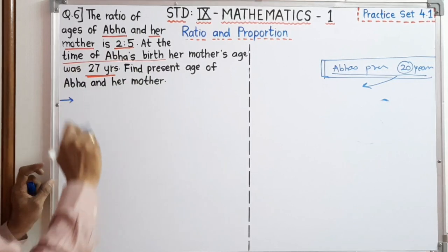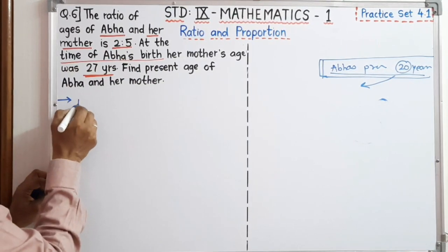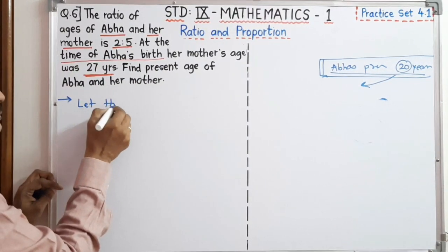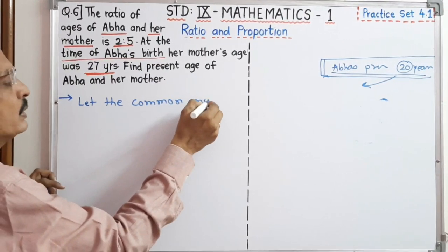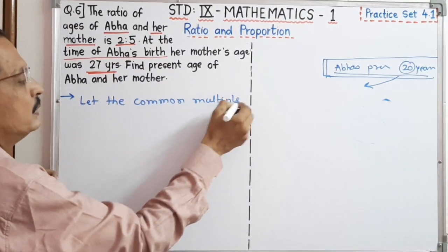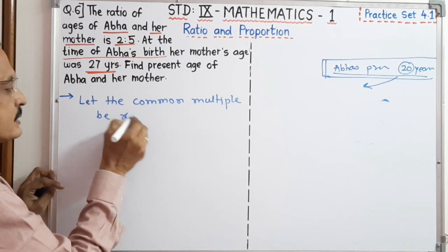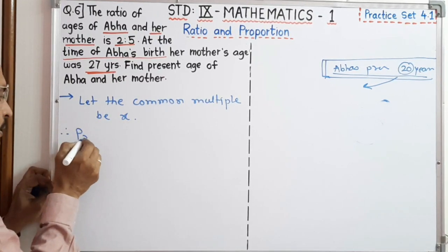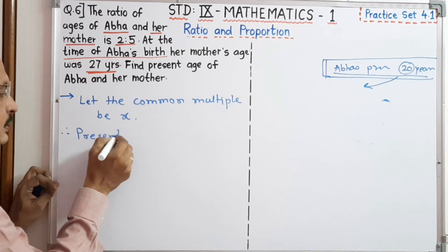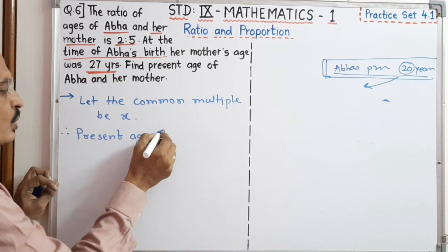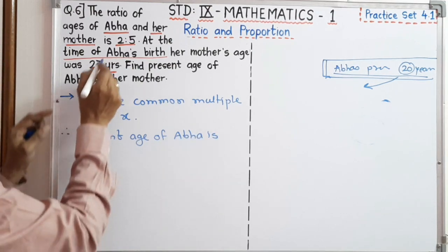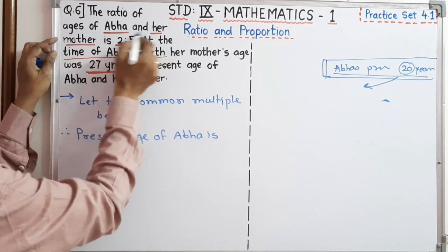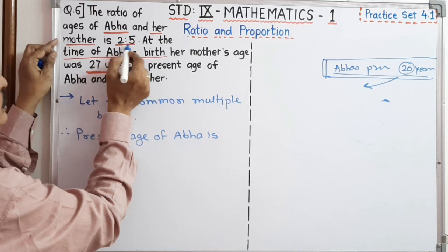First of all, the question is about the ratio. Therefore, we have to write: let the common multiple be x. Therefore, the present age of Abba is, see, first is Abba and then her mother, the ratio is 2:5.